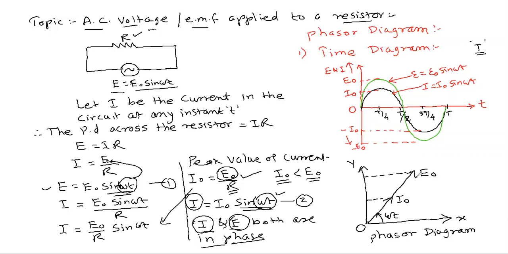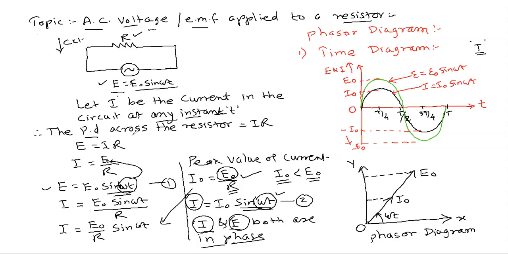So in this case of AC voltage and EMF applied to a resistor, we have gone through the following steps. First, we drew the circuit diagram in which we applied the EMF across the external resistor having resistance R. Then the current I flowing in the circuit at any instant t.